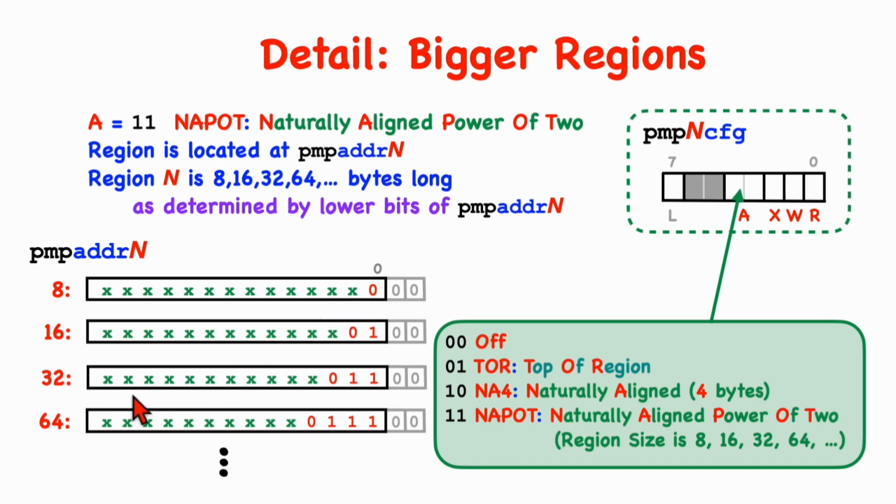If you store a value that looks like this, for example, into the corresponding address register, the hardware will see that the first 0 bit is here and deduce that the region is to be 32 bytes in size. And the hardware will then replace all these 5 bits with zeros to give an address that is 32 bytes aligned. So that's pretty cool.